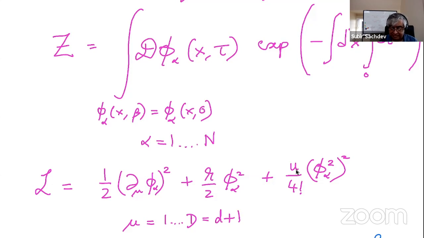So you can just work out things with this model. The only thing you need to figure out for your favorite system is the values of r and u, and then you have predictions for anything you want for long wavelength and low energy physics.